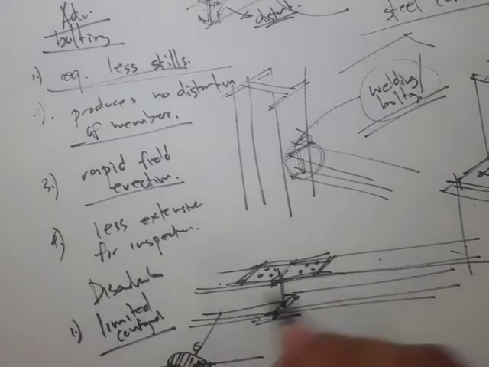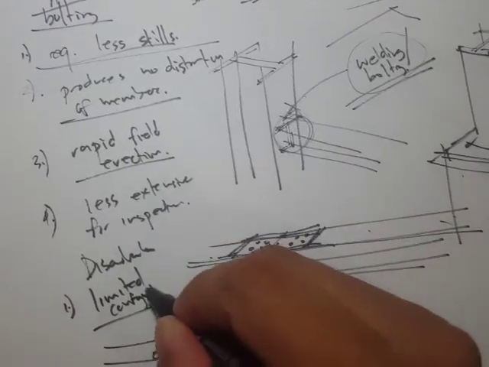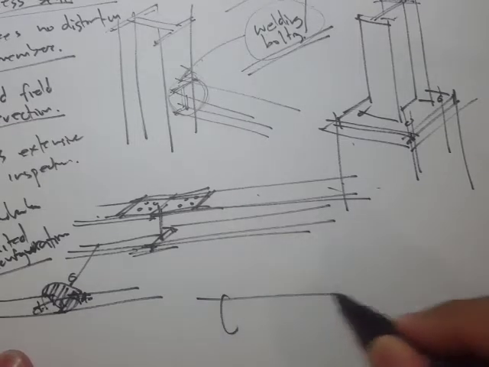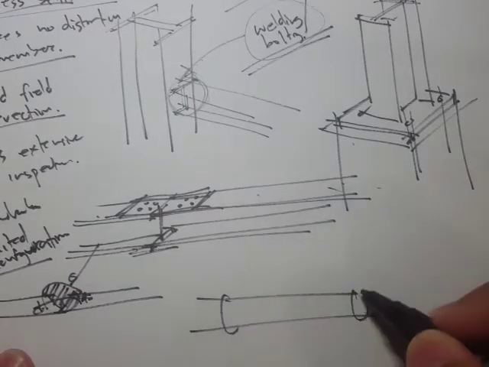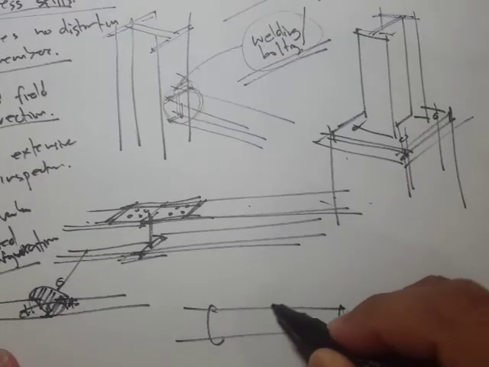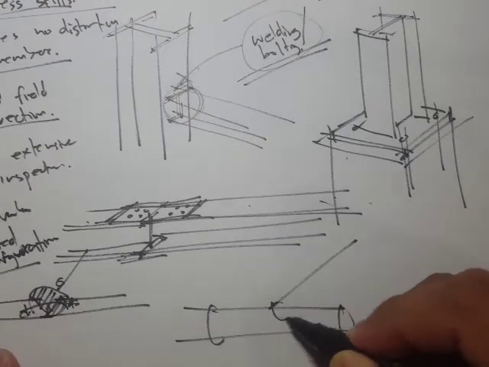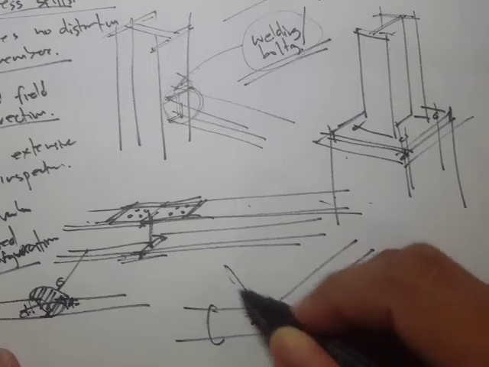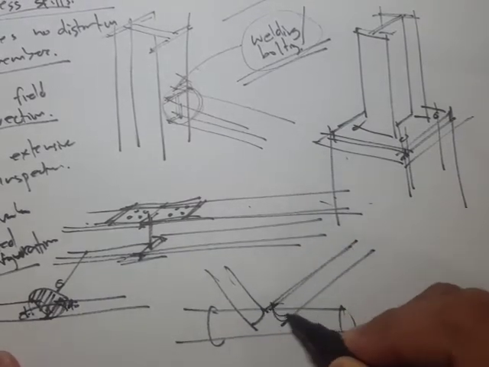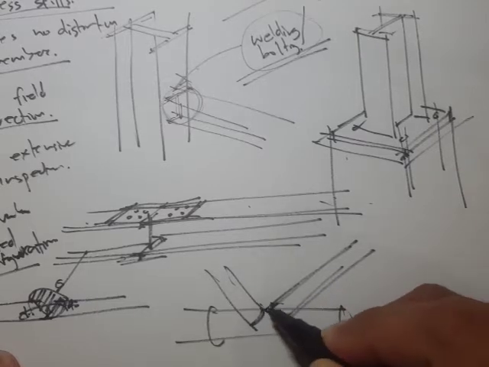Okay, so when we say limited configurations, it means, for example, how would you connect a pipe? Say you're using this pipe for a truss, as truss members, and how would you connect that?